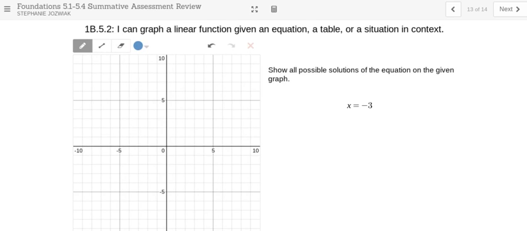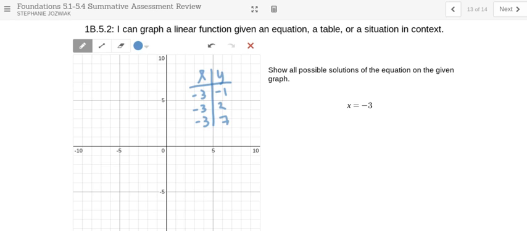And then here we notice this is sort of similar, except that this one only gives us x values. They're telling us that the x value has to be negative 3, regardless of what you pick for the y value. So for example, I could pick negative 3, negative 1. I could pick negative 3, 2. I could pick negative 3, 7.